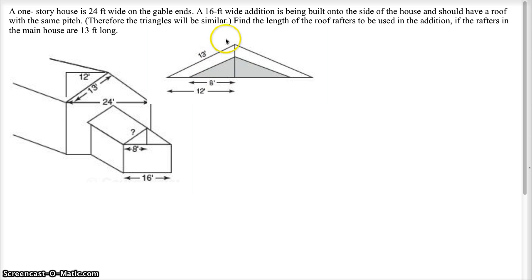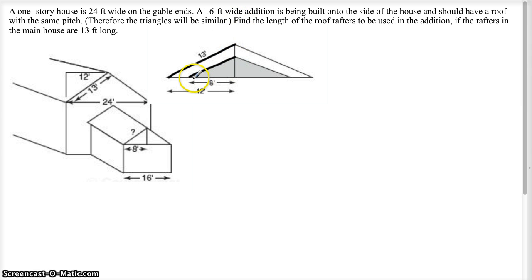So here's a better picture where you can actually see the similar triangles. If I look at which sides are similar here, we have this 13-foot side right here, which is the corresponding side to that side right there, and that's actually the side we're trying to find.